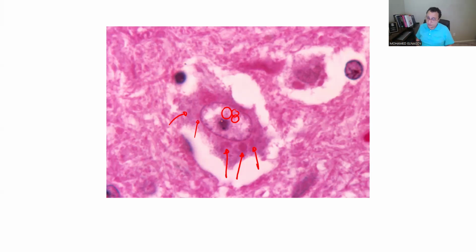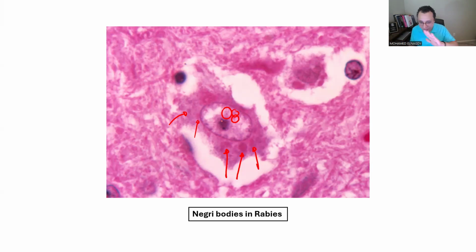No, it cannot be herpes, because herpes will lead to margination and this kind of molding and herpes changes. But here, when you see red spots, intracytoplasmic and intranuclear in the neurons, that's Negri bodies. Please remember this. Very, very important, very high yield. I saw it in a lot of Qbanks, a whole bunch of Qbanks.